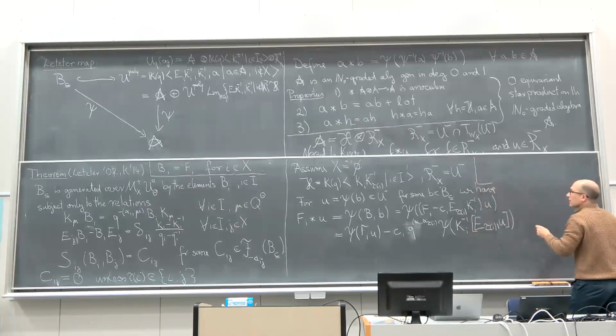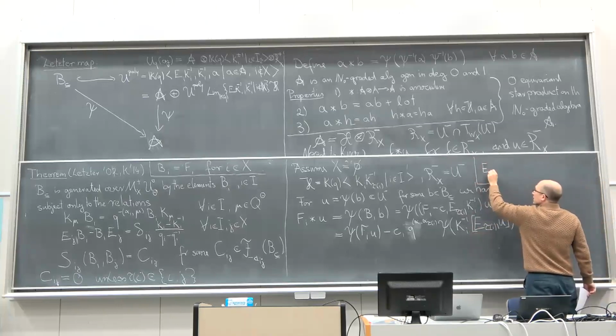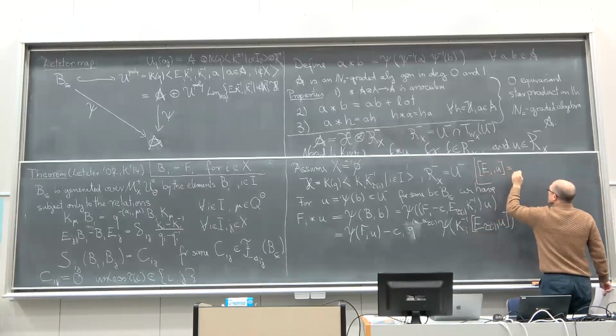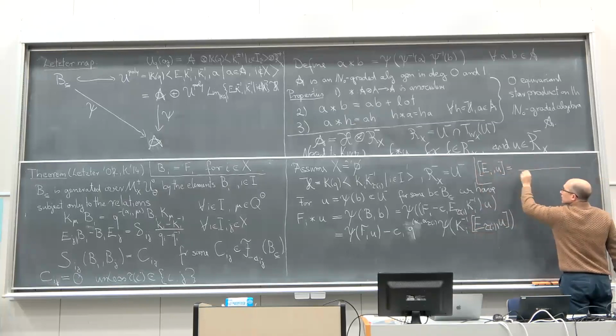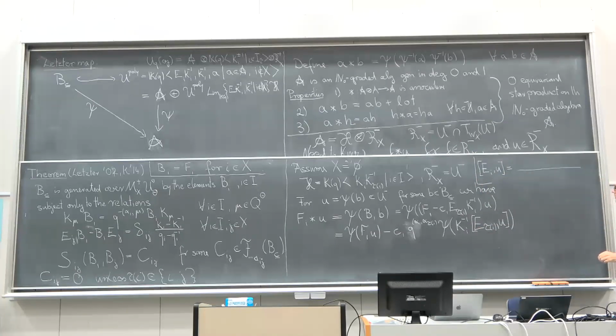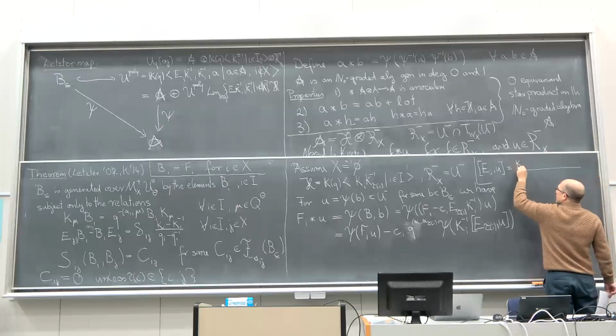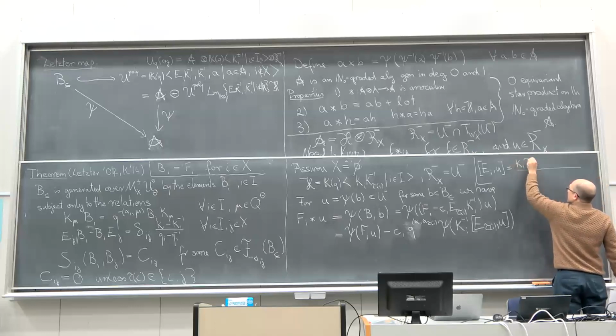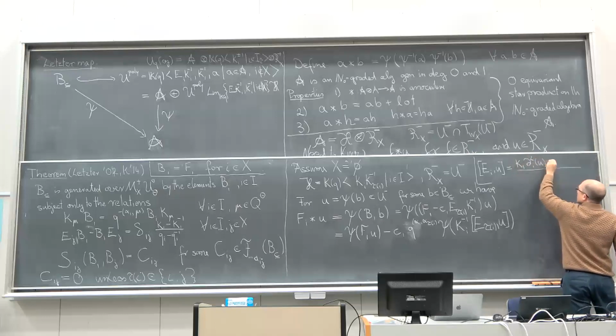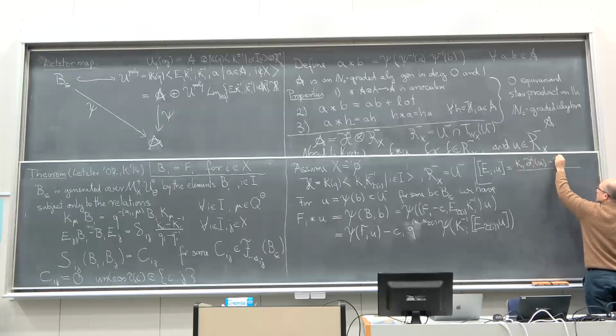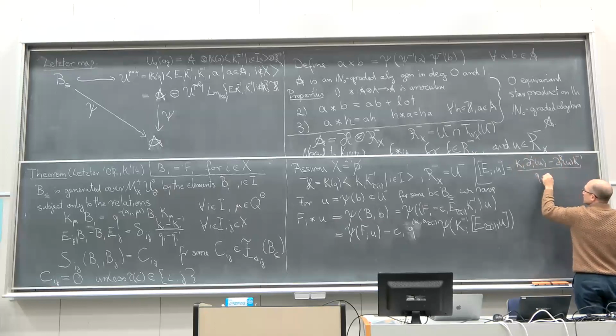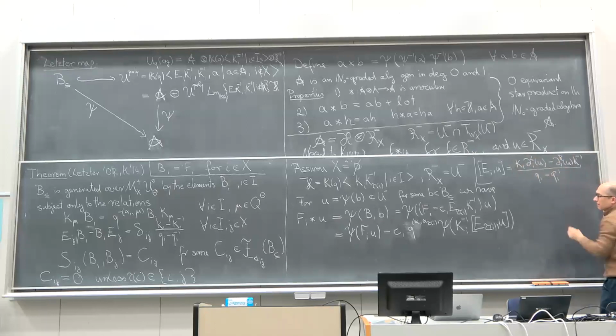There are these formulas, so ei u commutator is, we need these Lustig or Kashiwara derivations. So this is ki dil of u minus dir of u ki to the minus 1 divided by qi minus qi to the minus 1.